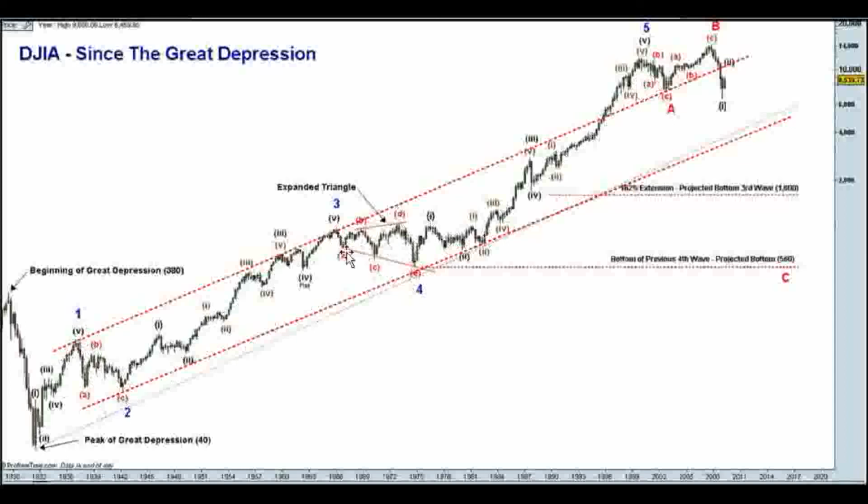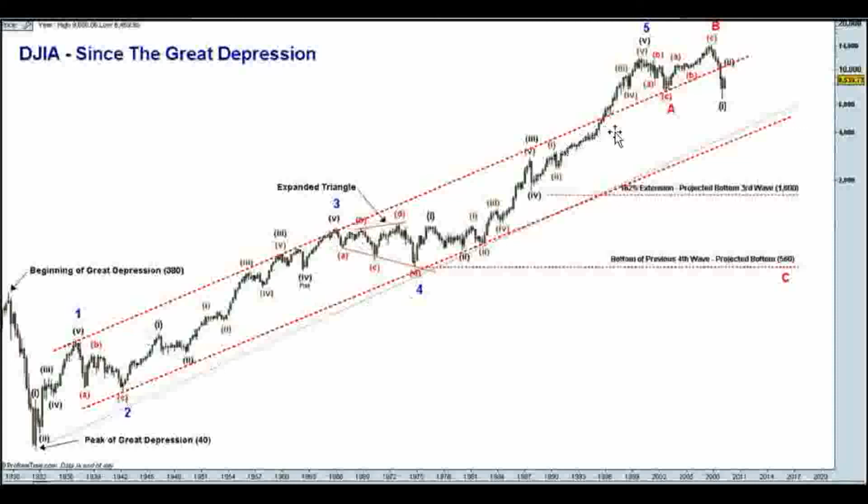I see this as an A, B, C, D, E expanding triangle, and then that terminates wave 4, which comes back to the trend line. These trend lines are parallel. They do appear to connect the bottoms of 2 and 4 and the tops of 1 and 3.